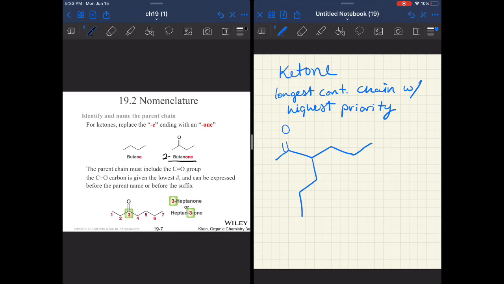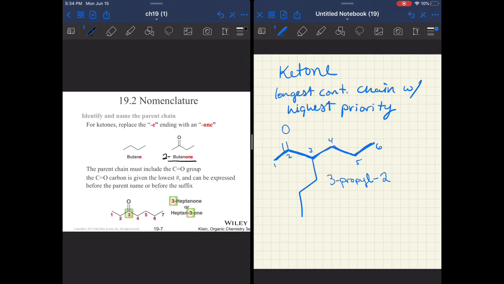Your highest priority functional group is your ketone, but your longest continuous chain might not contain it. Well, for the parent, it has to. So our parent's going to be 1, 2, 3, 4, 5, 6. It's going to be a 2-hexanone. So for this one, on carbon 3, we have a propyl.